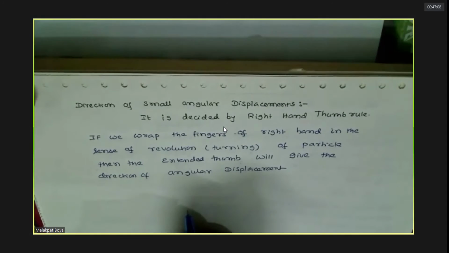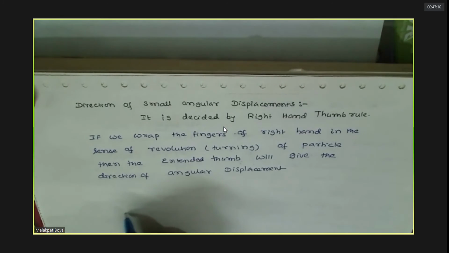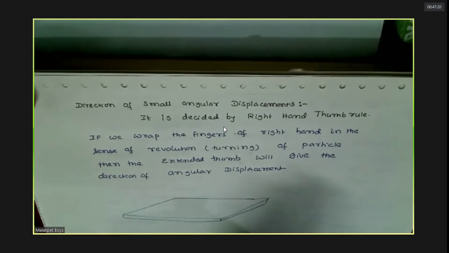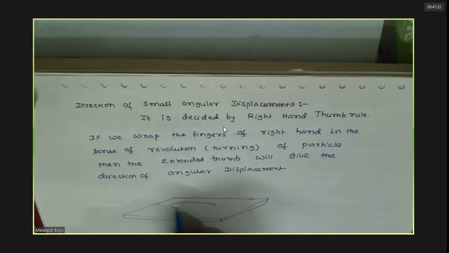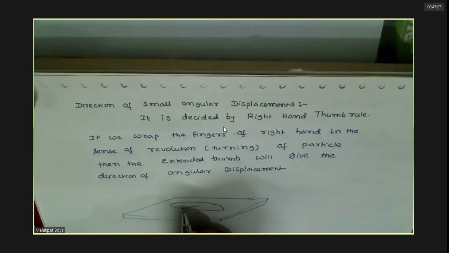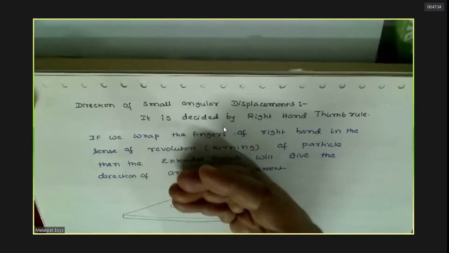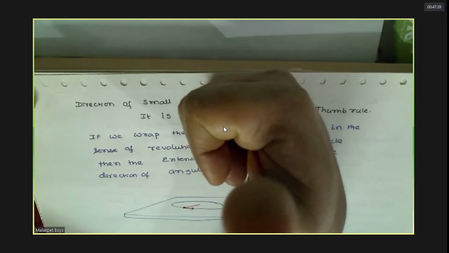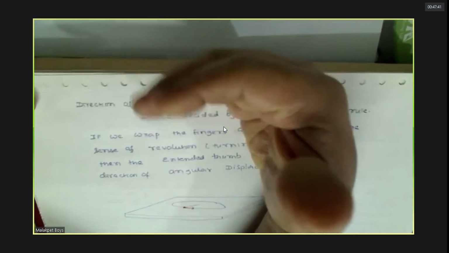Understood it? See, for example, a particle is moving in one plane. This is some plane, say a horizontal plane, and the particle is rotating like this. So what you should do? Curl the fingers of the right hand in the direction of rotation.